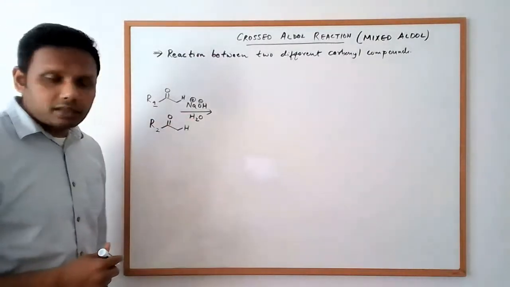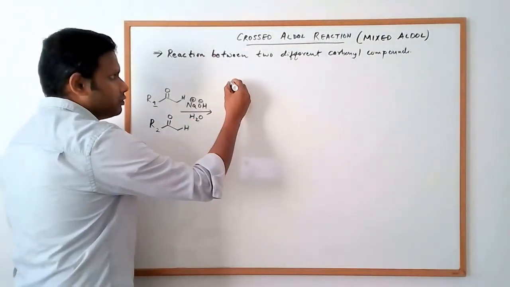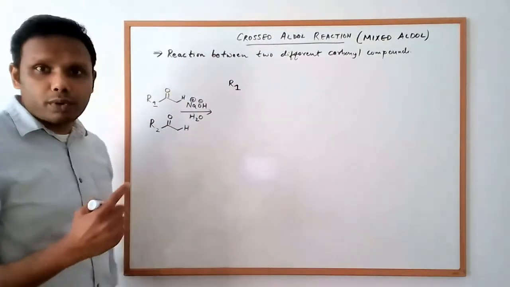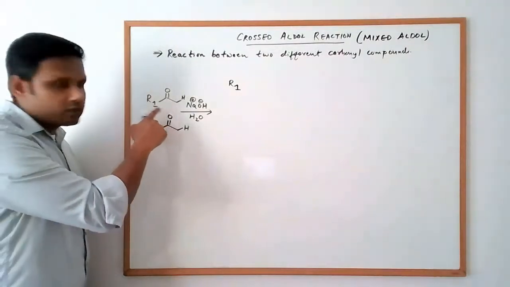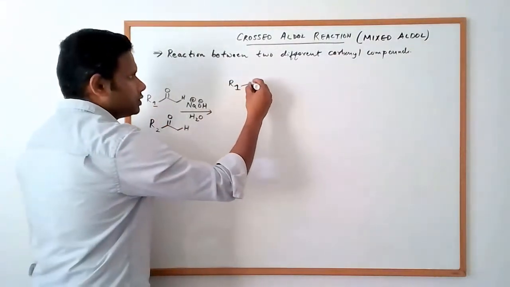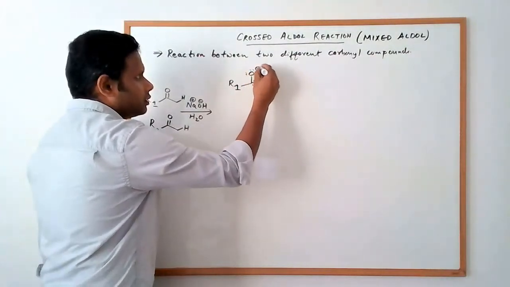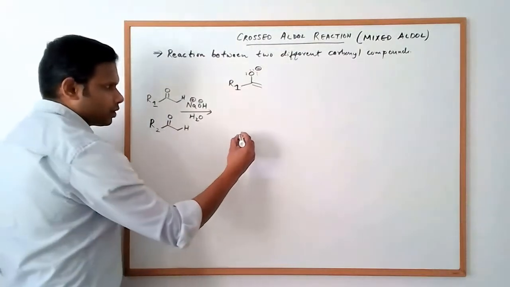Under basic conditions, there are two possible enolates that can be formed. We can get an enolate from the first carbonyl compound, and that's going to be this species.